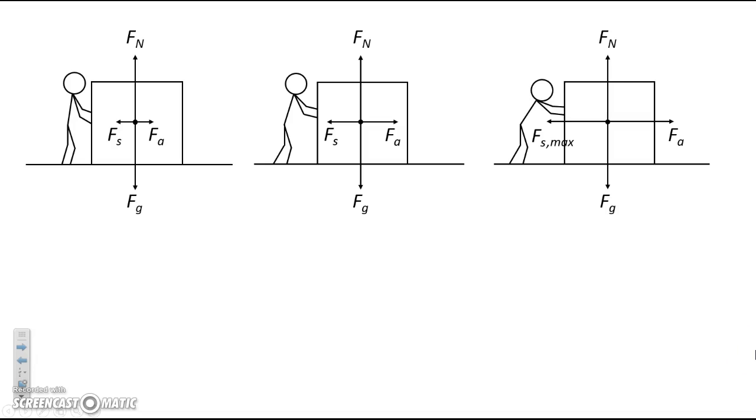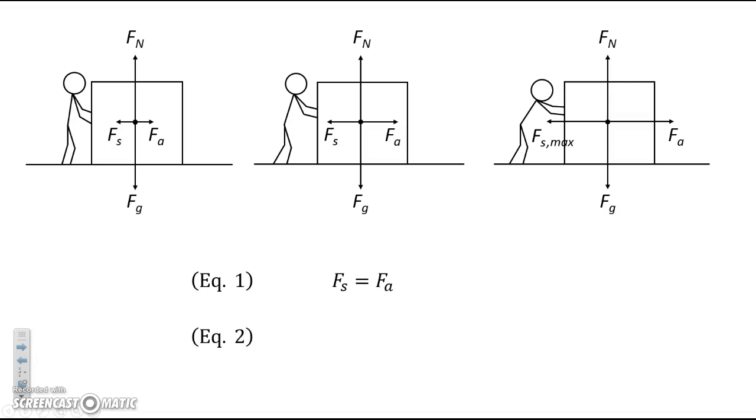So there are two separate equations we use for static friction. The first one applies to these scenarios where there's something pushing on the block, and it says the static friction force always matches or balances the applied force. That's because static friction is what puts the block into equilibrium.